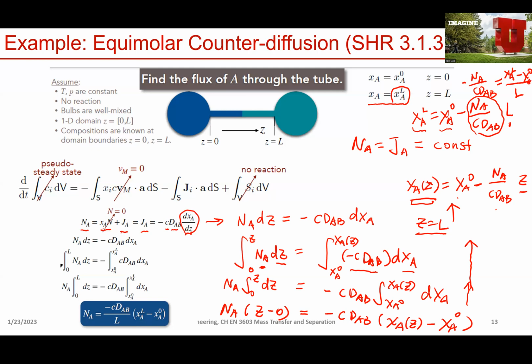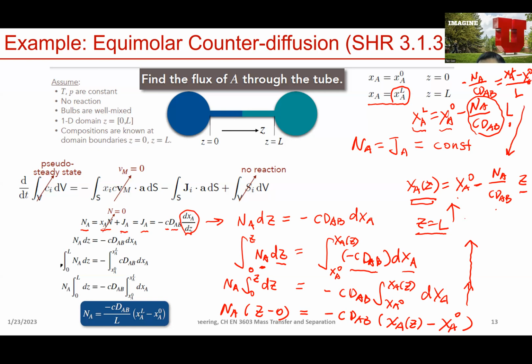So now, although we don't know NA, we don't know C, we don't know DAB, we figure out a way to correlate them to something we already know, or that's already given in the problem. And you just plug this back in here, right?